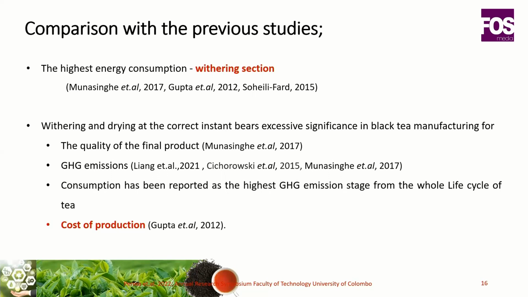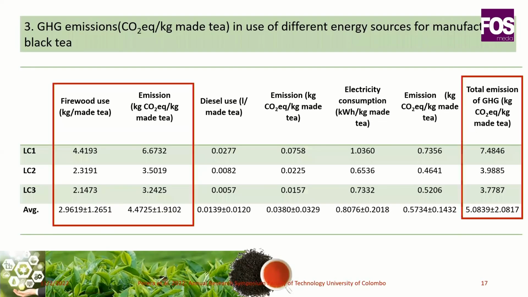And also when we consider the cost of production, it can be reduced if we consider more about the withering and drying stages for reduction of energy. For the third objective, greenhouse gas emissions from different energy sources, we are especially concerned about firewood use, diesel use, and electricity consumption.